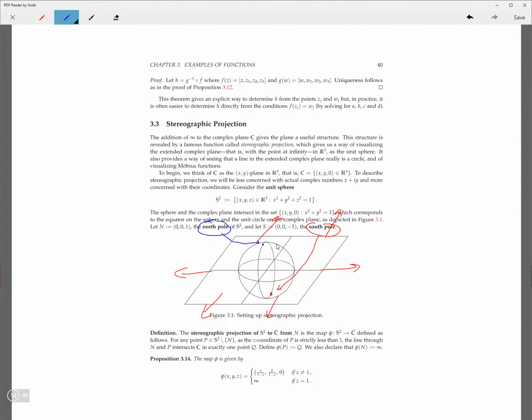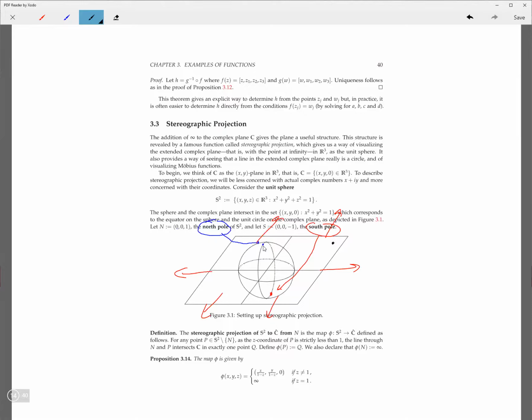Now, every single point on the ball, besides the North Pole: you choose any point on this plane.